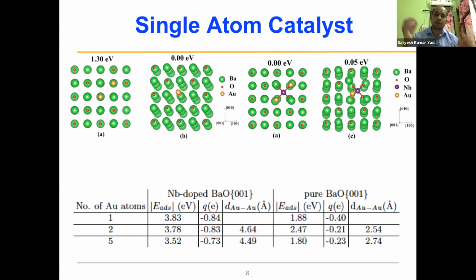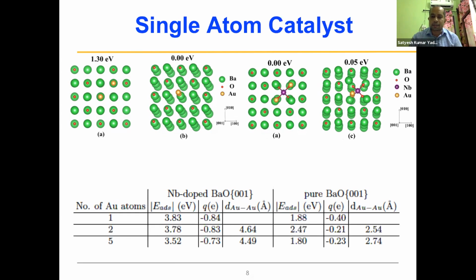So this is just neutral gold. And once we place it, if the barium oxide is doped with niobium, then there is charge transfer: gold accepts charge from niobium, and that stabilizes niobium, as well as gold now binds better at that site.